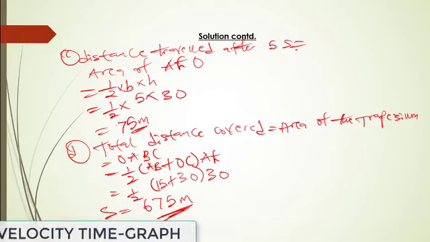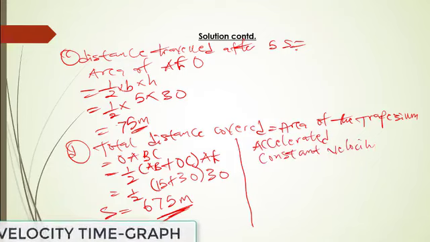And now, to find the total distance covered by the body, we can decide to determine the various stages of the journey, which were three. First of all, the body accelerated, and after accelerating, the body moved with constant velocity, and after moving with constant velocity, the body decelerated back to rest.